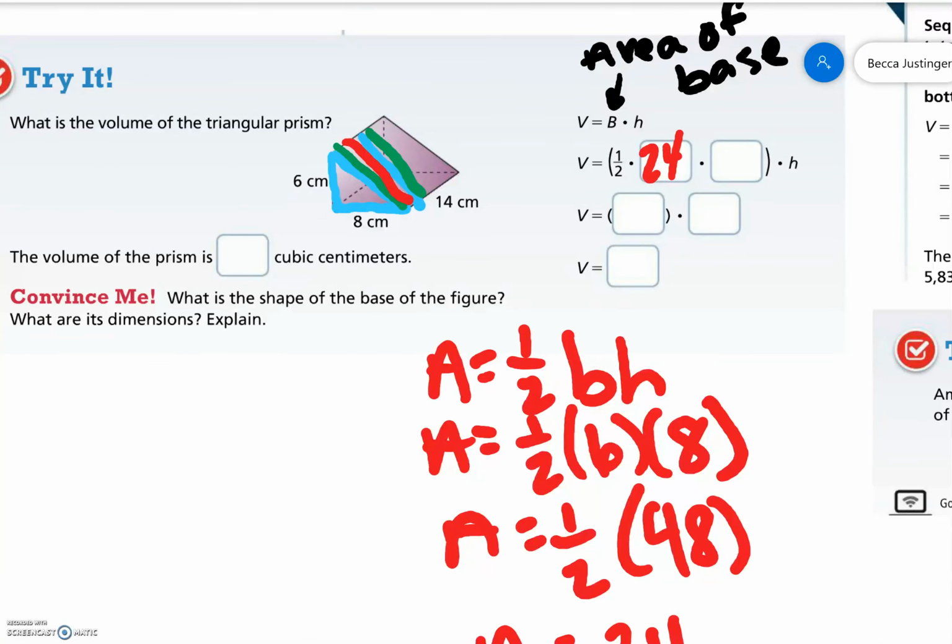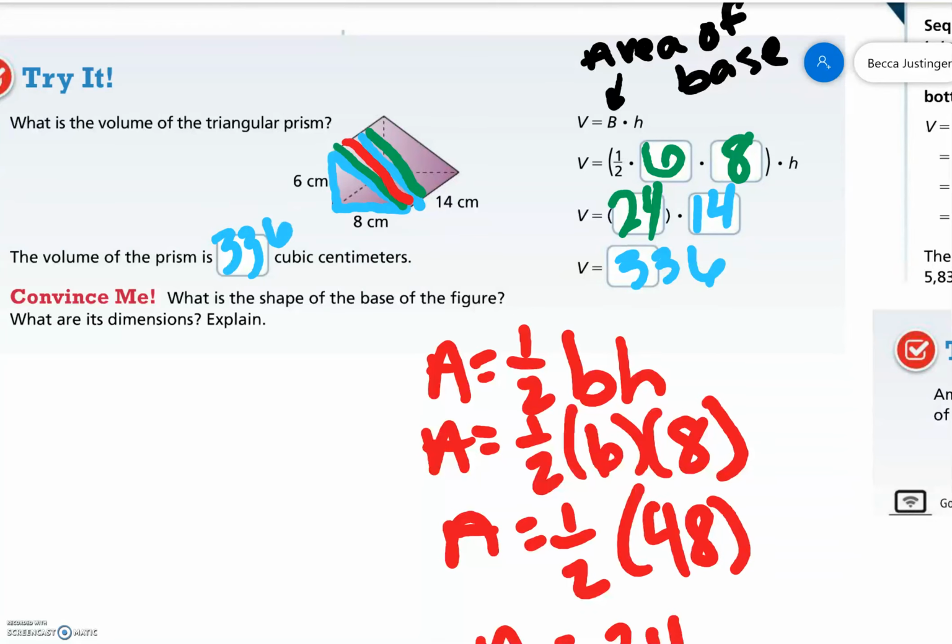Oh, they wanted us to fill this out just like we already did. 1/2 6 times 8 is 24. And our height, how many triangles can we stack, is 14. So then the last step to do is 24 times 14. So that is 336 cubic centimeters.